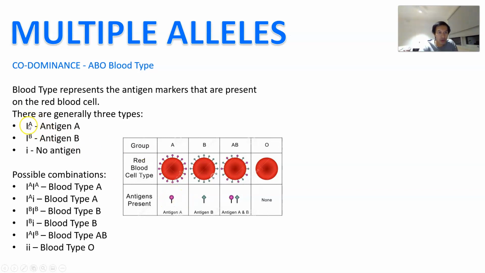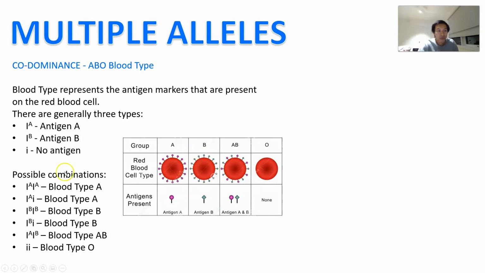If you have immunoglobulin A, you have antigen A, which is this circular looking antigen on your red blood cells. All your red blood cells have this little knob with the circular top on it, and that tells your body that you have A blood type. It's how your body can tell that the blood belongs to it, and your immune system reads it and goes, oh, that's ours, we're all good. If you have immunoglobulin B, it's an antigen marker of a different shape, a diamond shape for example, and that tells you that you have B blood type.